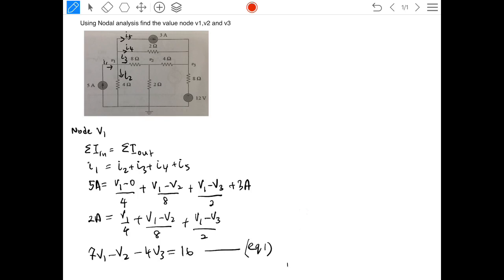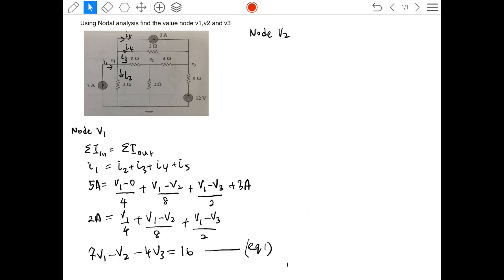So next, let's build up the second nodal equation for the node V2. Here, node V2 shares one path with the node V1, where you can see the I3 is shared between V1 and V2. So we maintain the assumption in this direction without changing it to other directions.